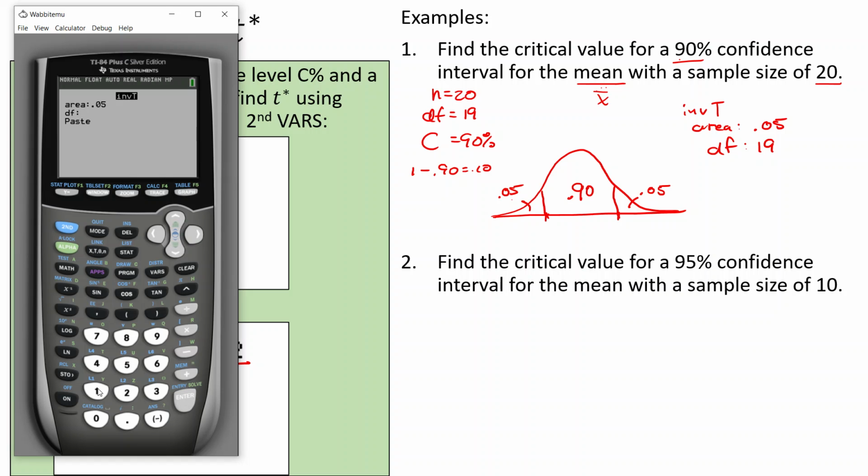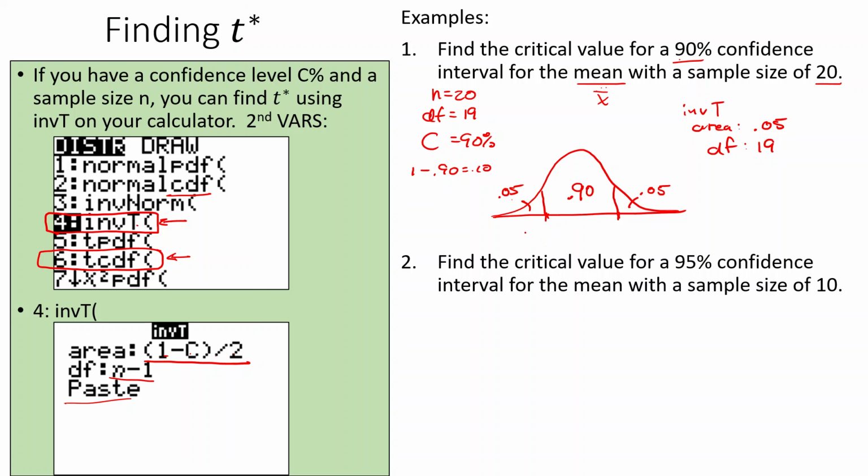The degrees of freedom is 19. And there it is. On this end is negative 1.729, and this one will just be the positive 1.729. So our t star would be plus or minus 1.729.